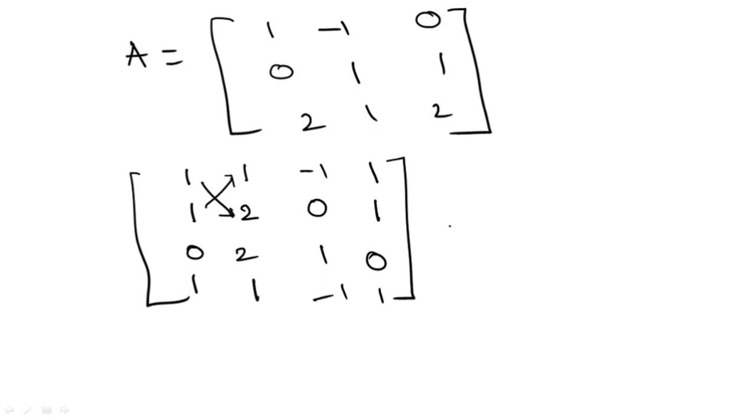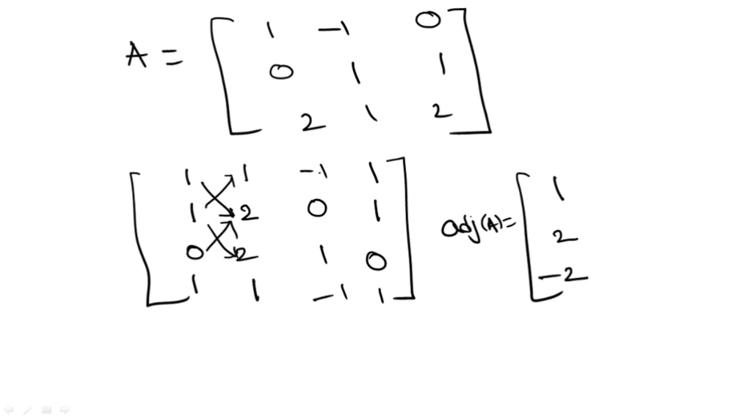Therefore the adjoint of A is: 1 into 2, 2 minus 1 is 1. I go column wise. 1 into 2, 2 minus 0 is 2. 0 into 1, 0, minus 2.